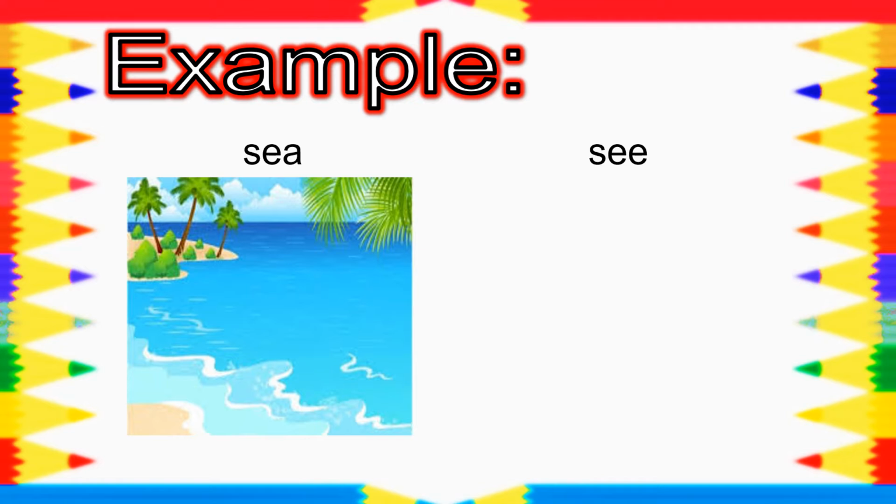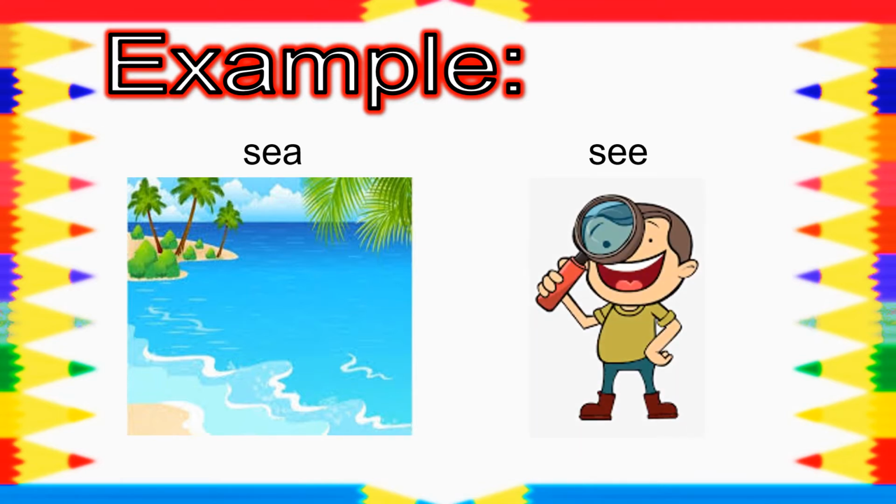There's water, there's sea. So the second word see is referring to what we look using our eyes, what we see. So the first one is about a place, then the second one is about our sense of sight.